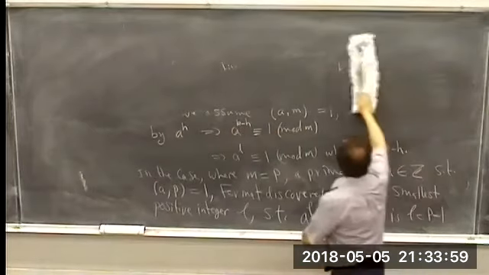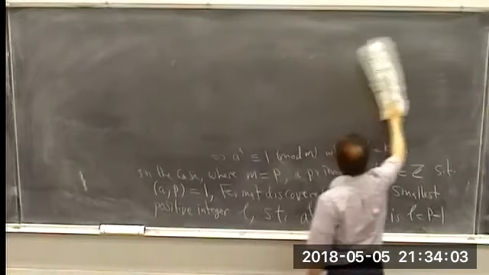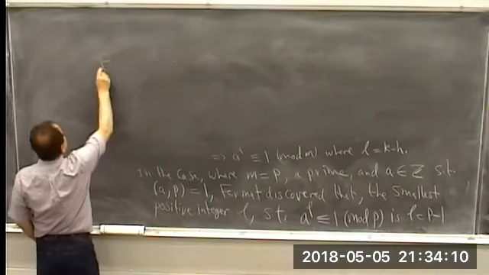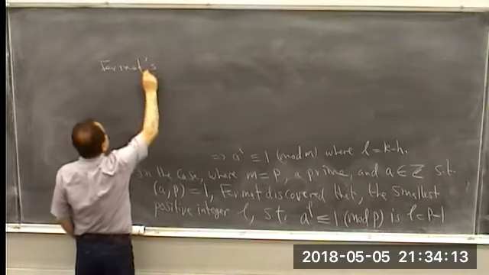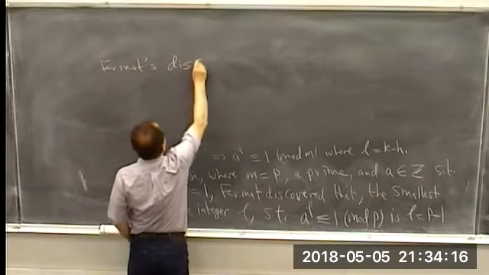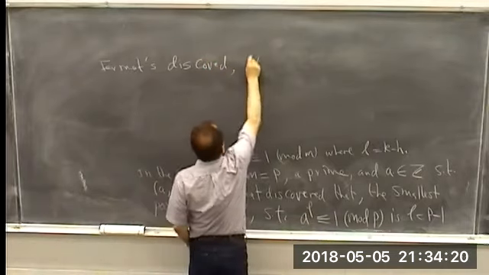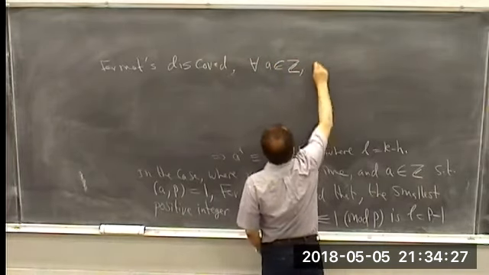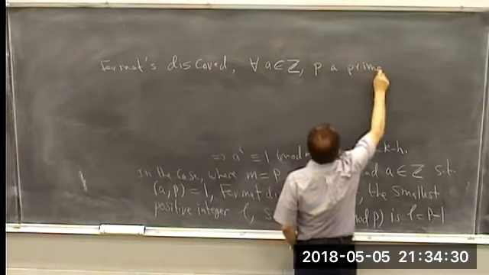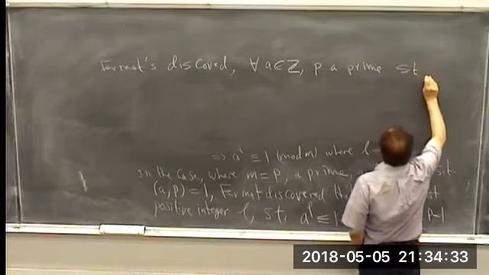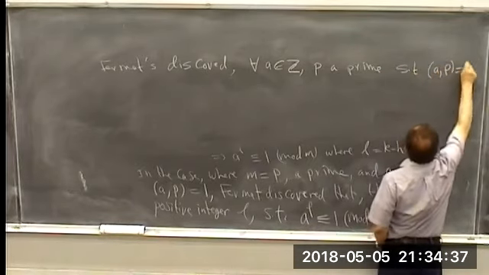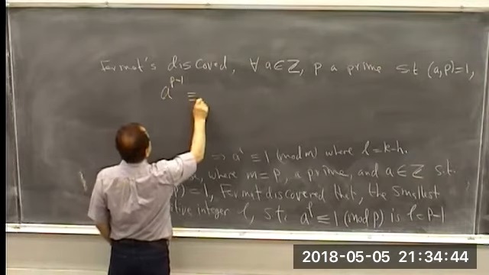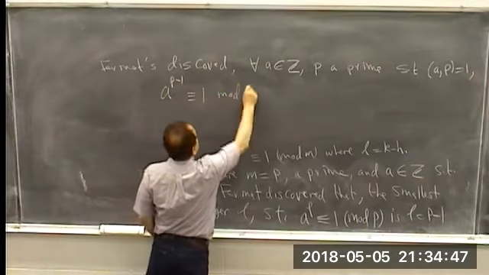To put it in one place, Fermat's discovery: for every a in Z, a prime p, such that the greatest common divisor of a and p is equal to 1, a to the power p minus 1 is congruent to 1 mod p.